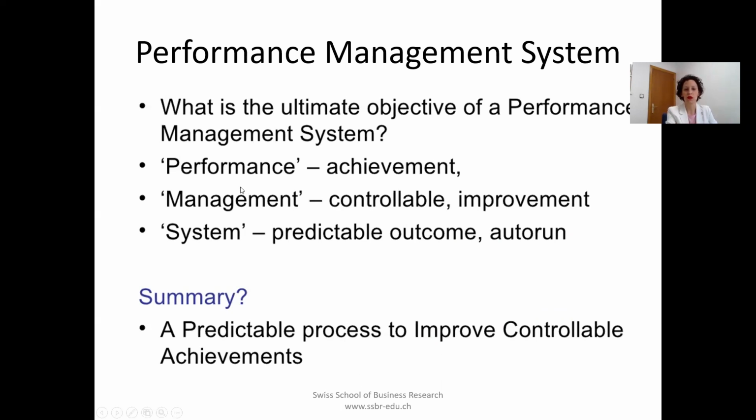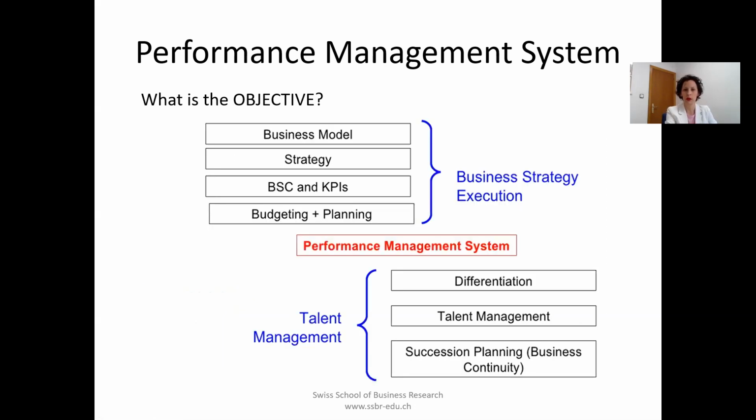So as we can see, performance is synonymous to achievement. Management has to do with being able to control or improve, and system is that it can be a predictable outcome or something able to be auto-run. Basically, it's a predictable process that helps us to improve controllable achievements.